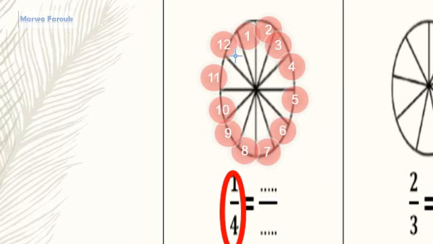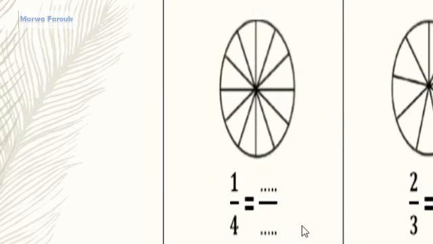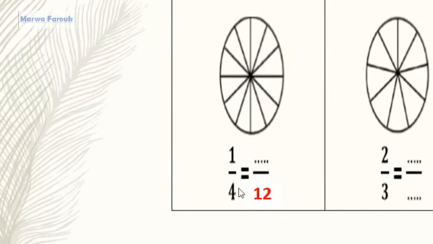How can I represent 1 over 4? I don't have 4 equal parts. I have 12. Here we are going to make an equivalent fraction for quarter. Okay? How? Here we will put the whole parts I have. We said that we have 12 equal parts. I will write them as the denominator. Now we want to know the numerator. 4 times what equal 12?